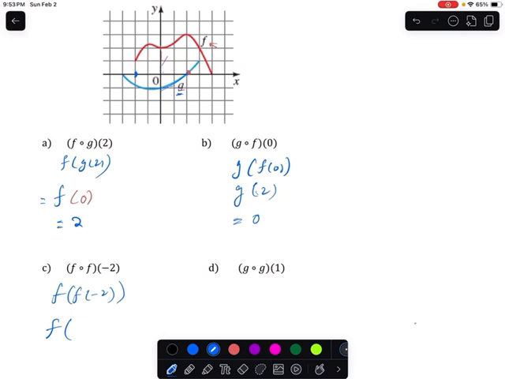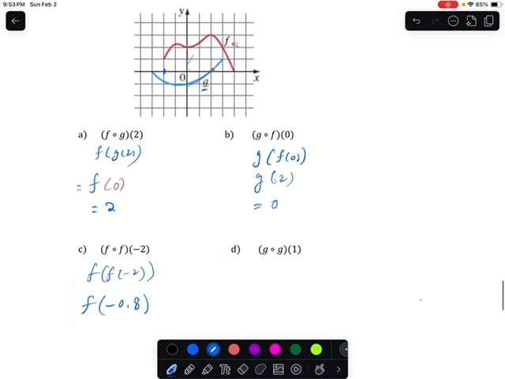So let's say -0.8. And what is the value of f at -0.8? A little bit over here, 2 point something, so let's say 2.2.